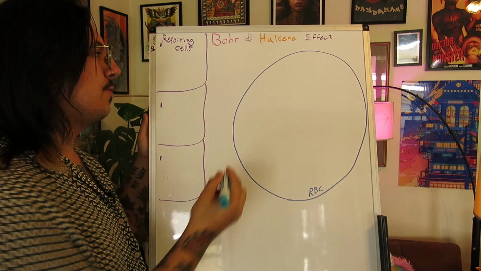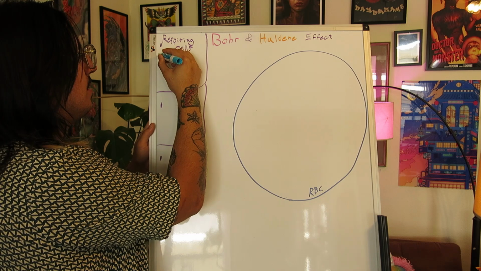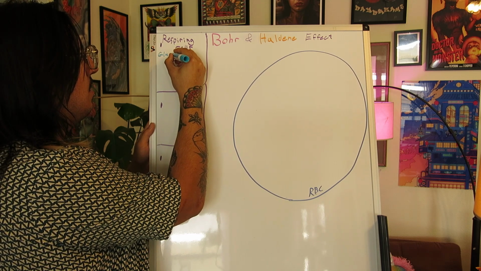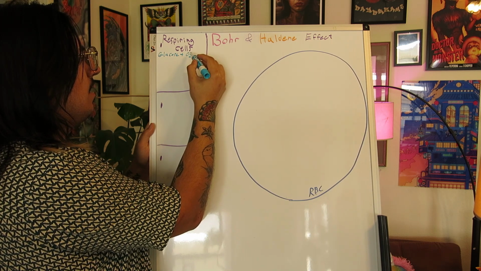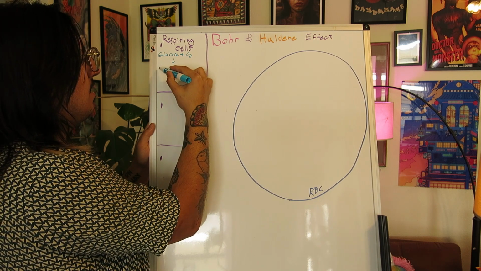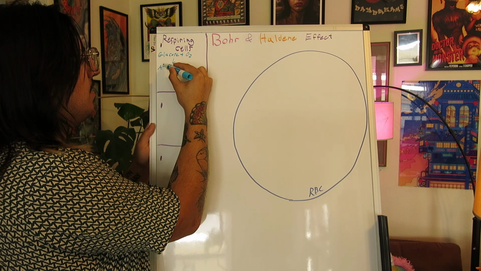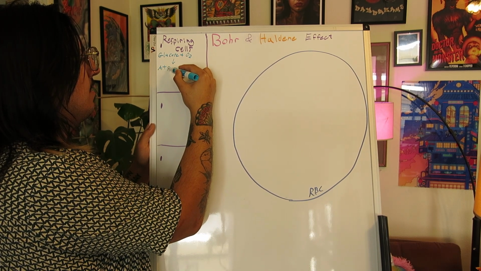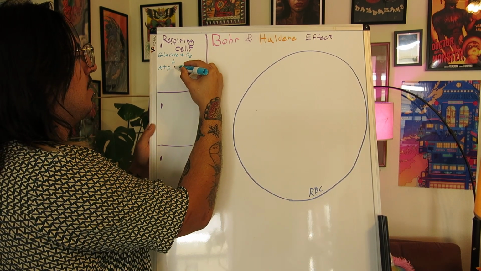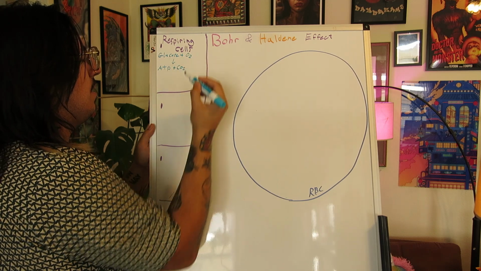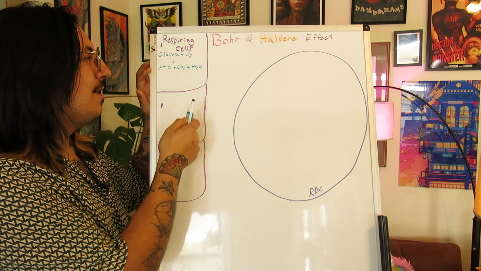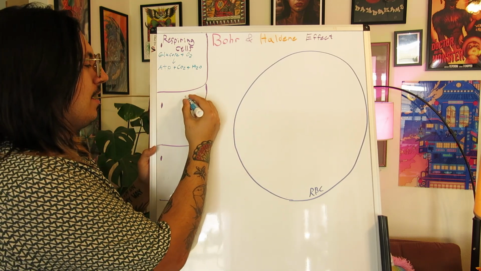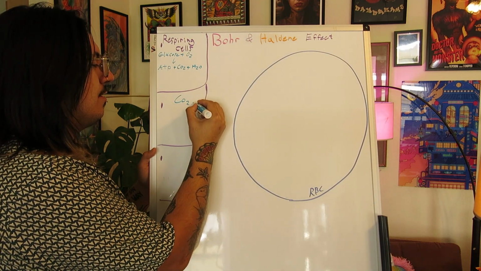When those cells respire, they use glucose and oxygen, and that creates ATP, adenosine triphosphate, which we use for energy, CO2, and some water.